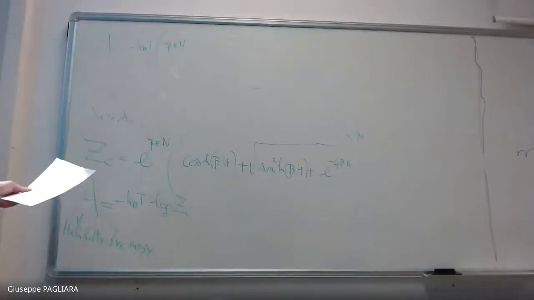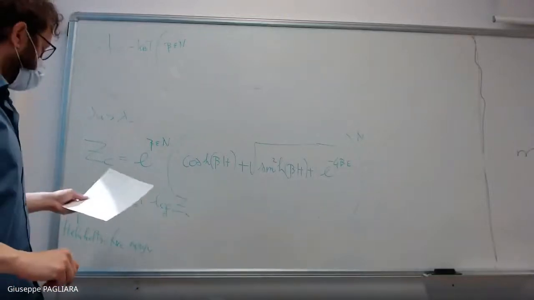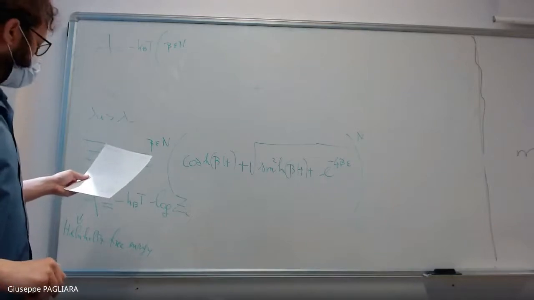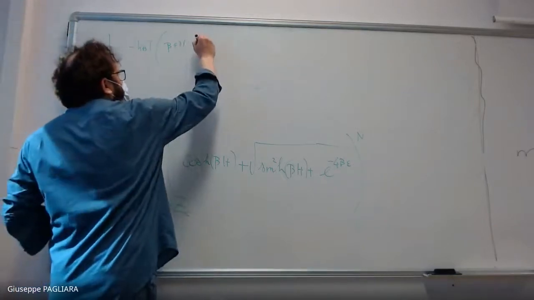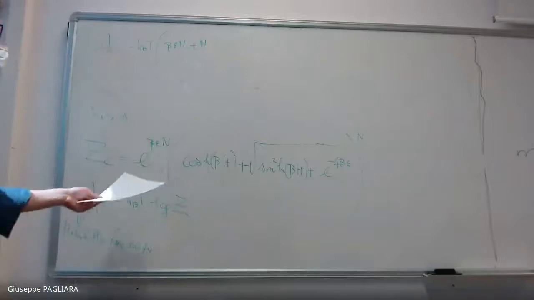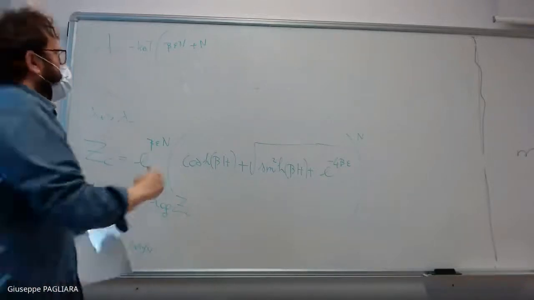And then I have n, minus k_B T beta epsilon, plus n. And then I have the log of this quantity.